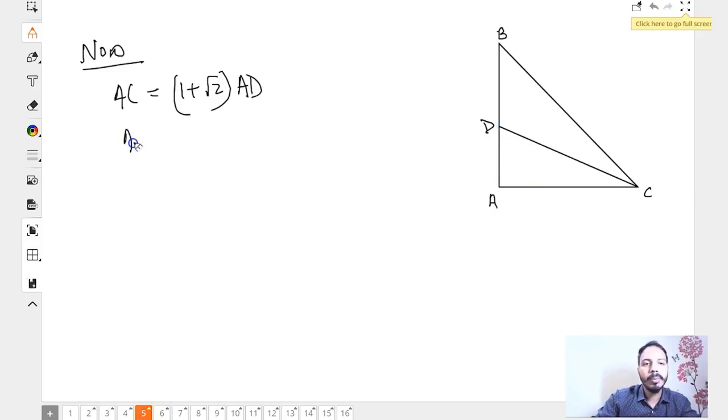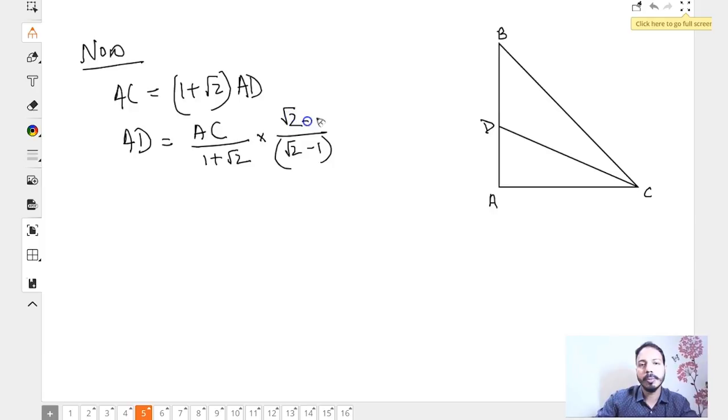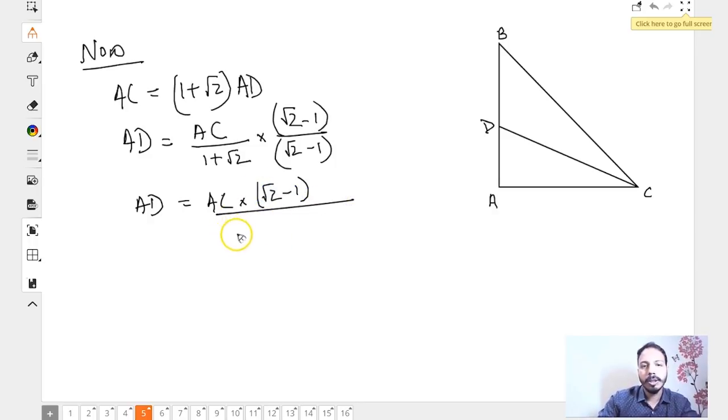Now from here I can say AD is equal to AC by 1 plus root 2, right? And if I try to do rationalization here, root 2 minus 1 by root 2 minus 1, I will get AD is equal to AC into root 2 minus 1 by root 2 whole square minus 1 square, because this is A plus B and A minus B, so A square minus B square formula, right?